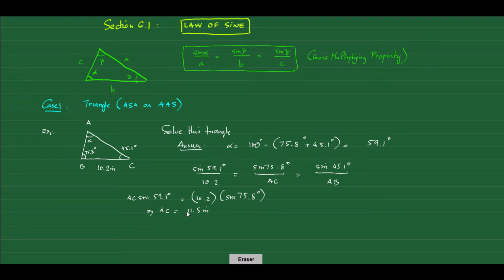So I'm gonna go ahead and try another step for you. We're gonna have 10.2 times 75.8, and you divide it by 59.1. Then you got AC is 11.5 inch.